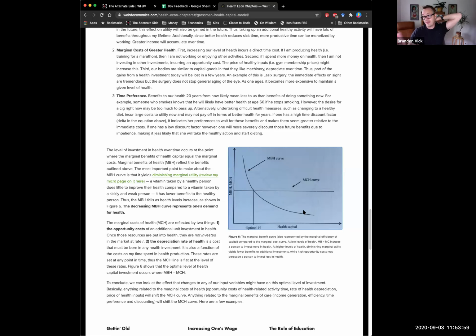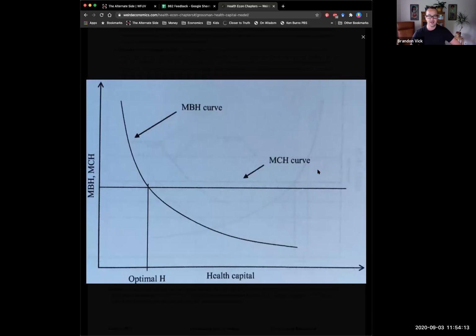An alternative one, which is an example in the book, would be some anti-aging drug, and that's a good one to put. So there's two things that we want to differentiate. Greater efficiency is a marginal benefit shift. Greater efficiency helps my marginal benefits shift up or out.